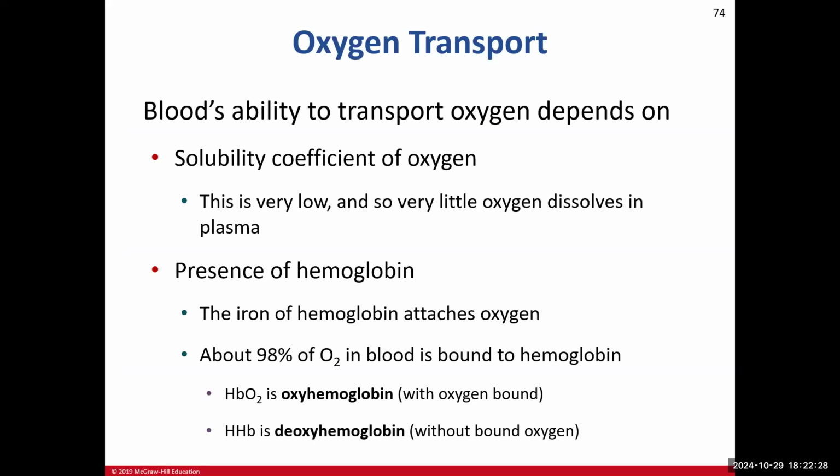All right, let's discuss oxygen transport, because we're going to be talking quite a bit about hemoglobin. You all know the purpose of hemoglobin is to transport our respiratory gases, primarily oxygen. One of the things you want to understand, and again, I'm relying on you watching those previous videos, I know I might say that a lot tonight, is the solubility coefficient of oxygen.